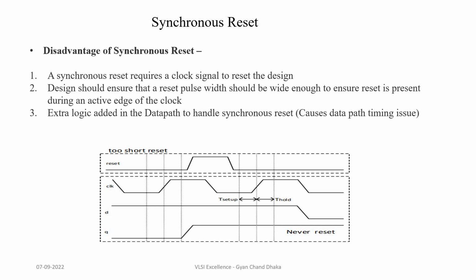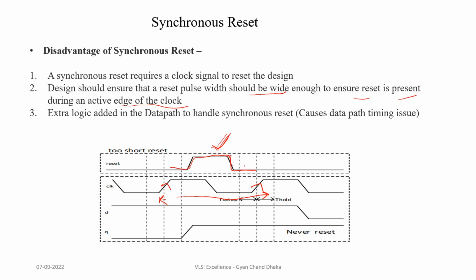Another disadvantage is that the design should ensure that the reset pulse width is wide enough to ensure reset is present during an active edge of the clock. Say this is our reset pulse, this is the clock period, this is the first rising edge, this is the second rising edge, and the reset pulse is only this much.